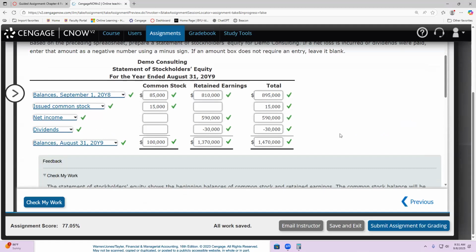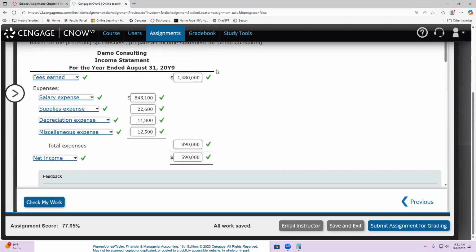All right, so what have we learned about this company? We've learned that they do consulting work, which means their fees earned are made not by selling a product but by providing a service. That's what fees earned means. We've learned that the vast majority of their operating expenses are salaries, so they're a salary-intensive company.